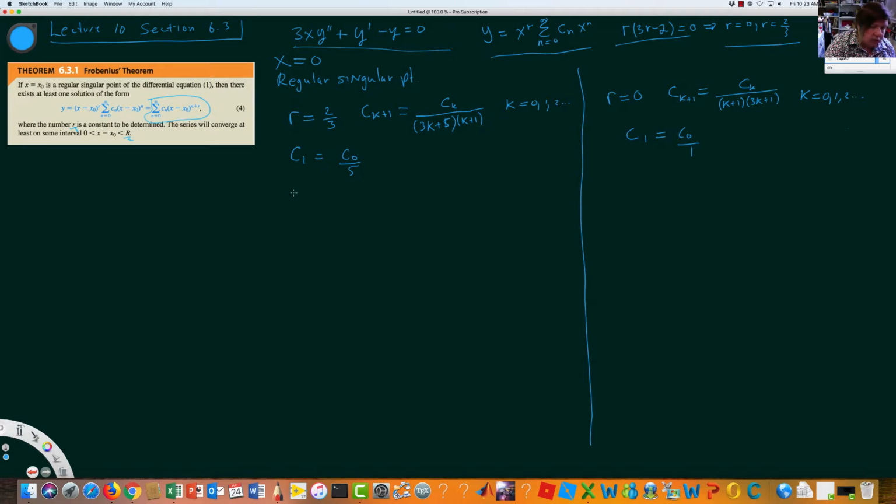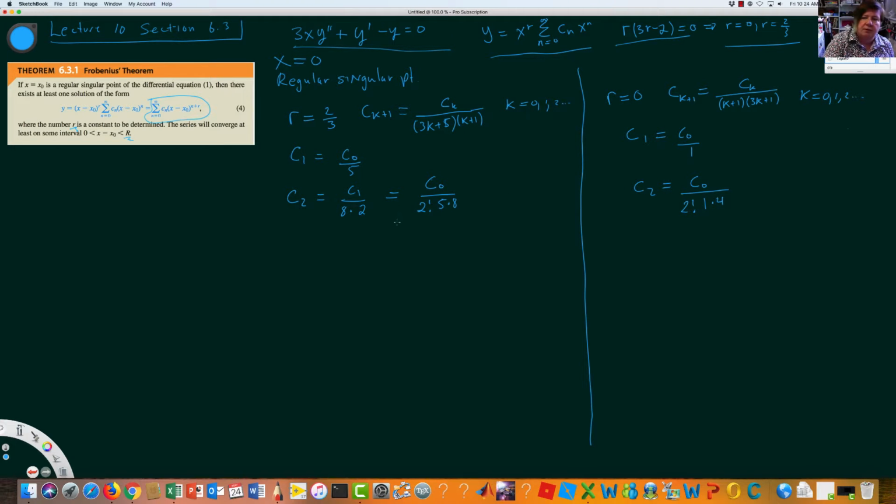All right, c2 is c1 over 8 times 2, but that's just c0 over 2 factorial times 5 times 8. I'm writing it this way for a reason. Over here, I get c2 is, and I'm going to skip steps, so hopefully you can figure this out, 2 factorial times 1 times 4.